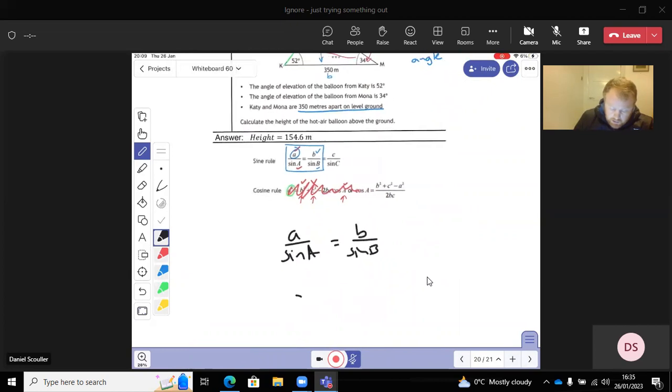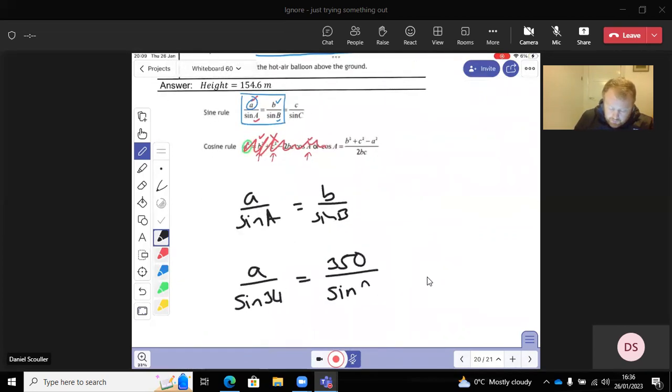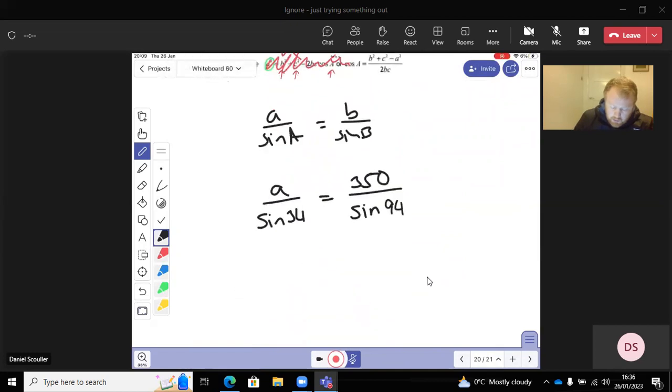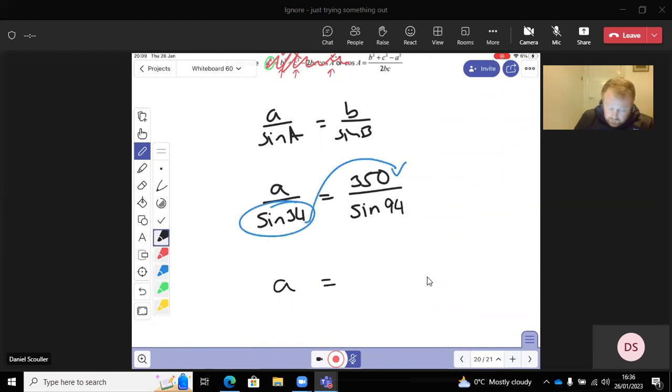A is our missing side, angle A is sine 34, B was 350, sine of the angle B was 94. We work that out. We want to isolate A, so we take sine 34, put it up here, over sine 94.